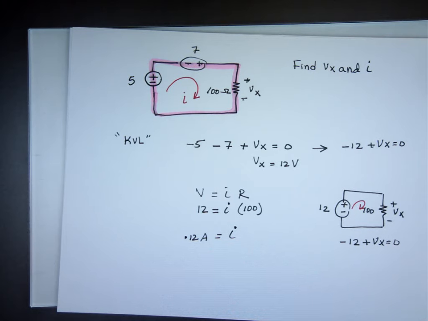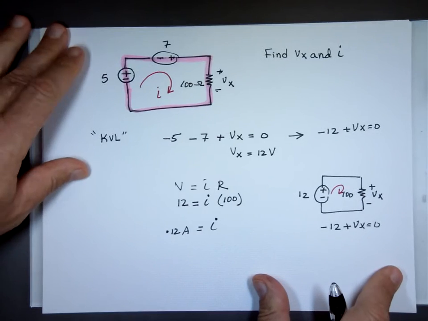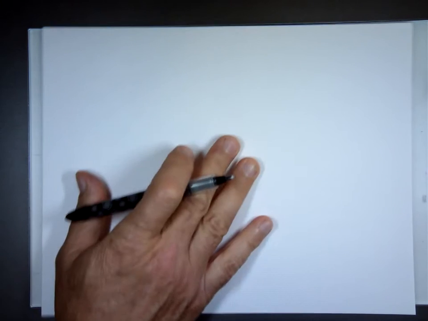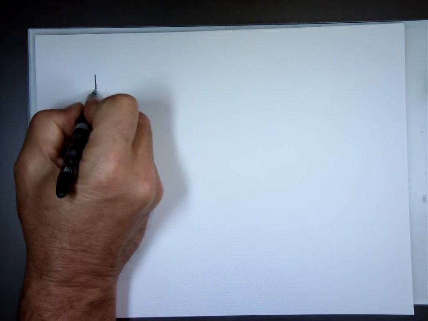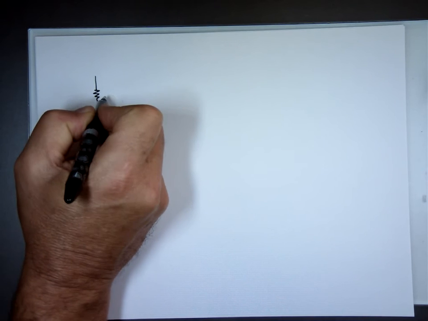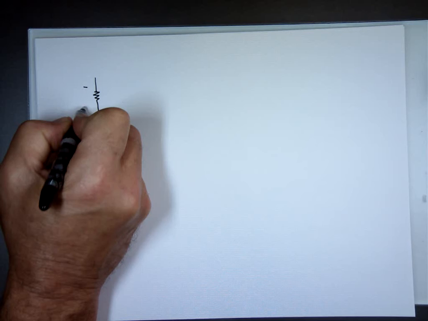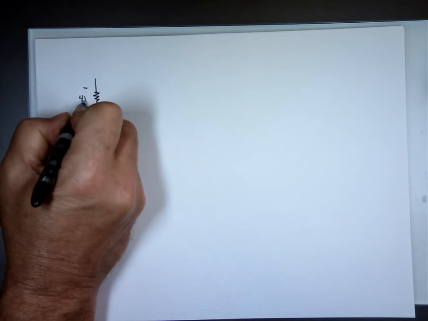Let's take a bigger problem here than this one. And maybe we can apply both KVL and KCL. I don't know. Let's see. This is minus to plus 4 volts. I don't know the value of that resistor.